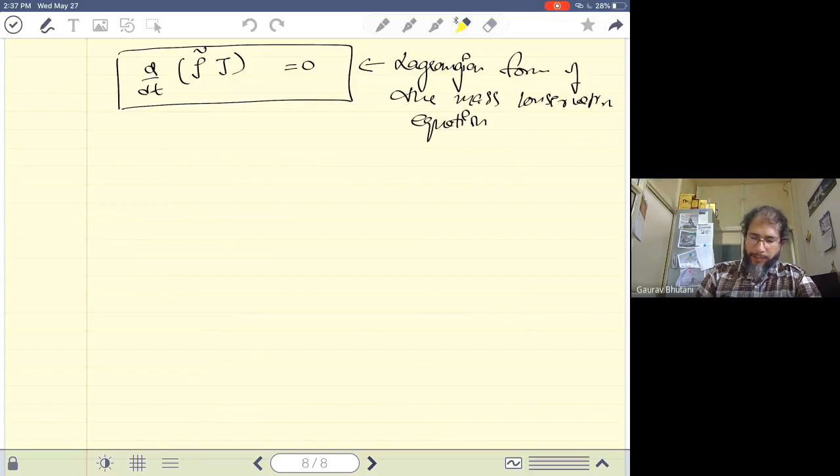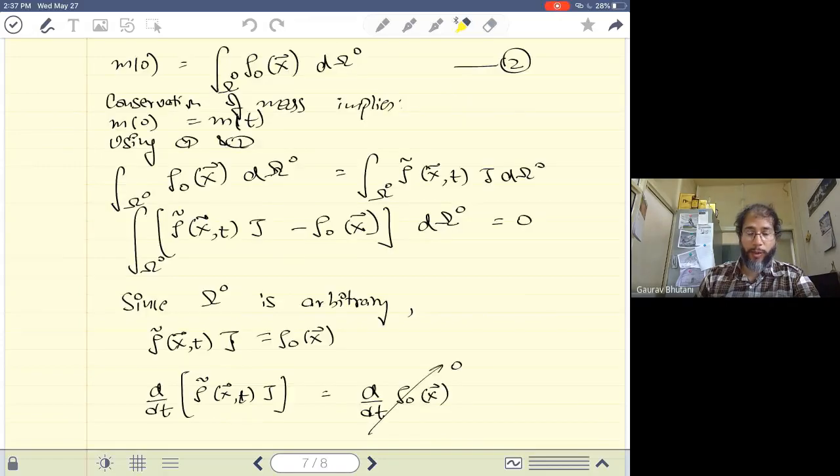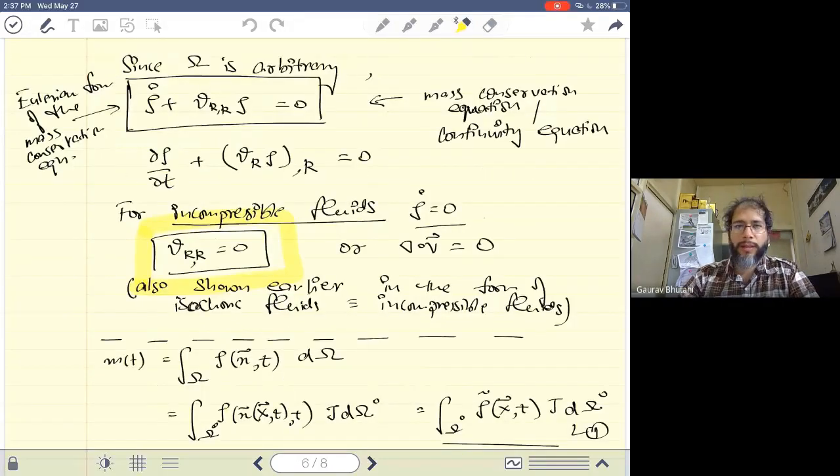So today we will start with doing a problem on applying the conservation of mass equation.